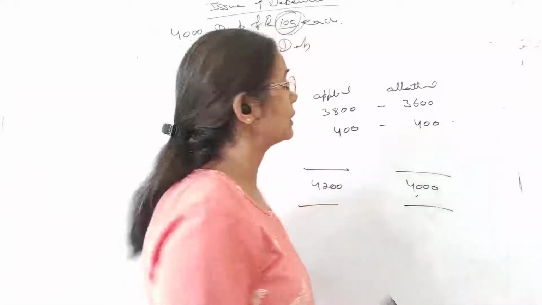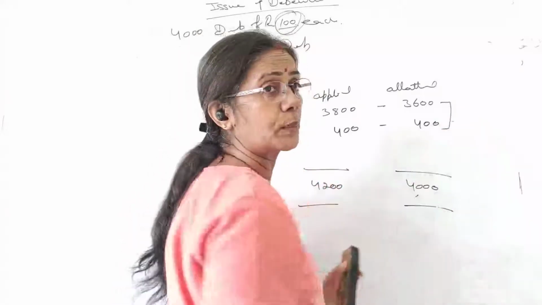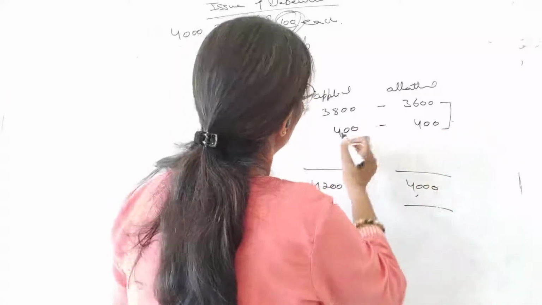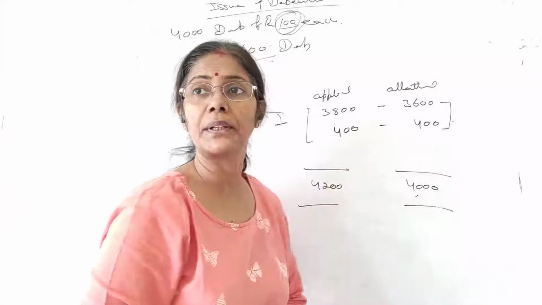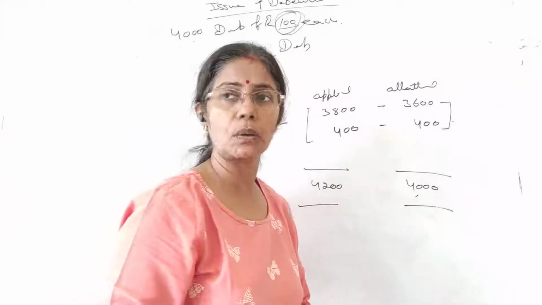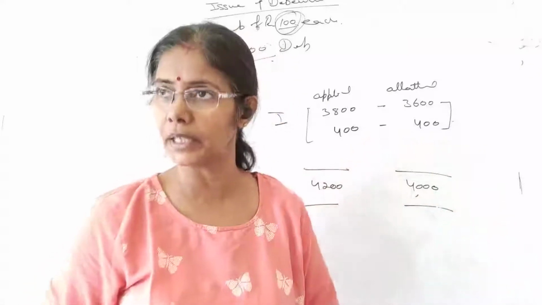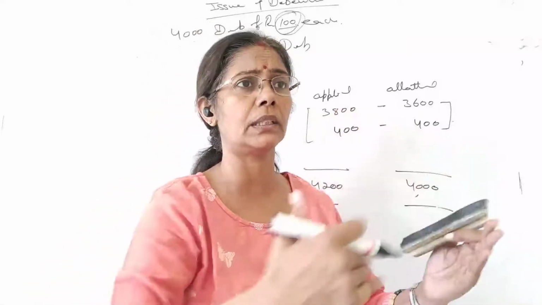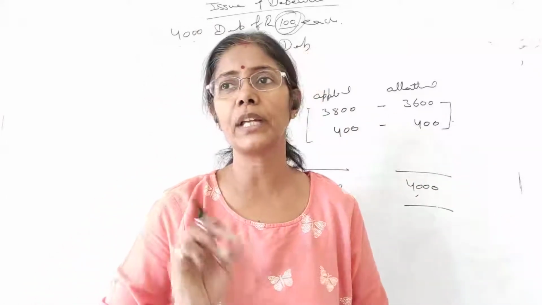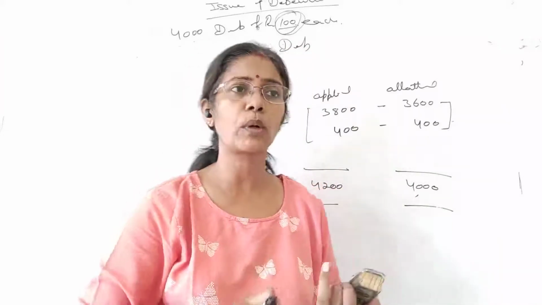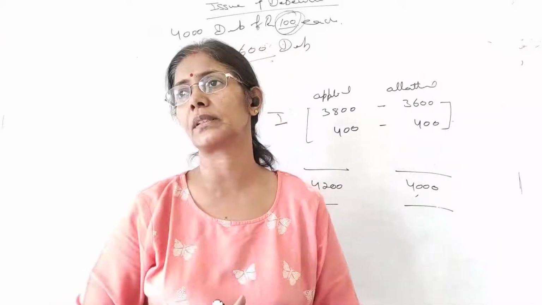Different conditions can be there. Please look at the board. This is 4,000 and here this is 4,200. There can be different combinations also, and they can reject it also. Rejection can be included in that. So we have 3 categories: rejection, pro rata, and a combination of both of these.